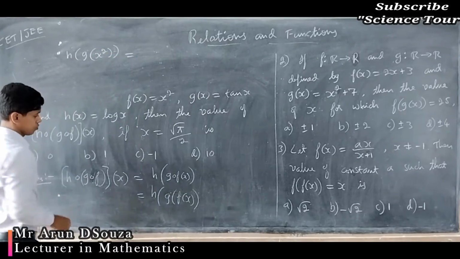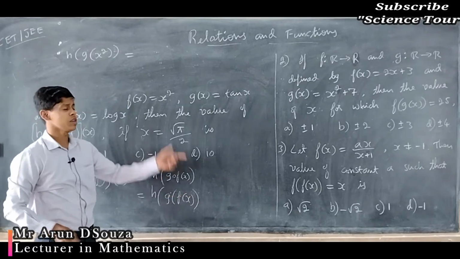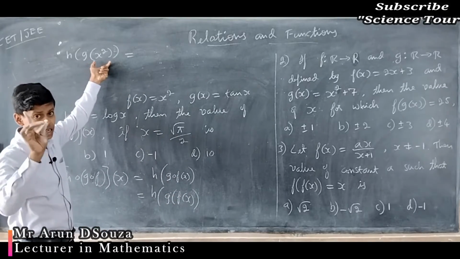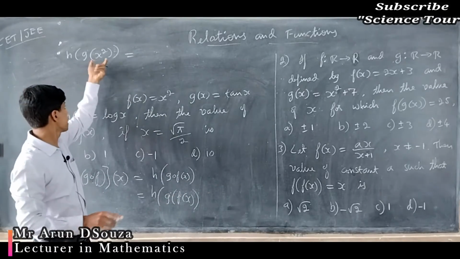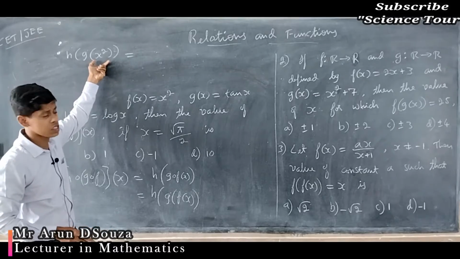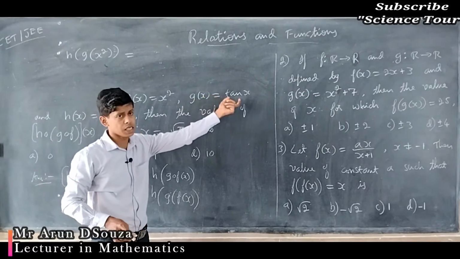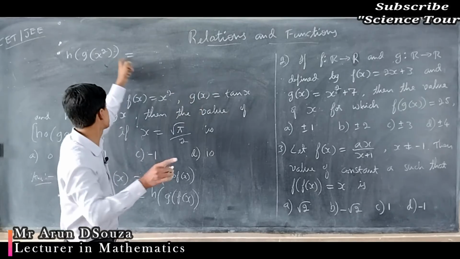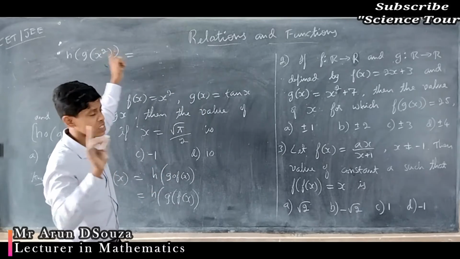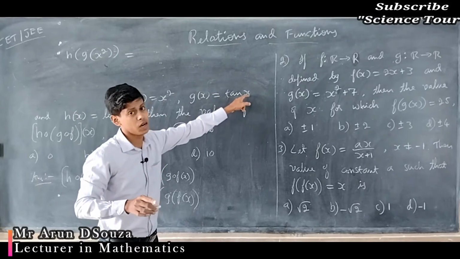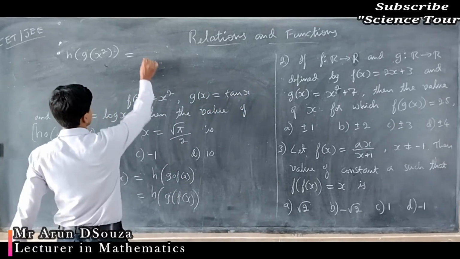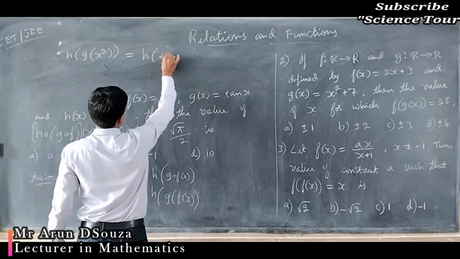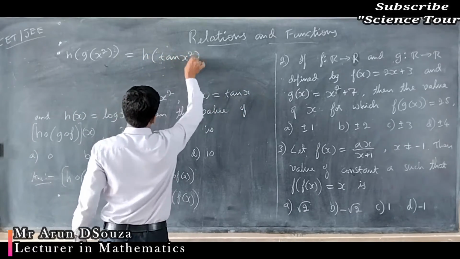I have just replaced f of x with x square. Now next, what is g of x square? Look at this, g of x is tan x. In place of x you have got x square here. You just have to substitute x square in this place. So that would be h of tan x square.